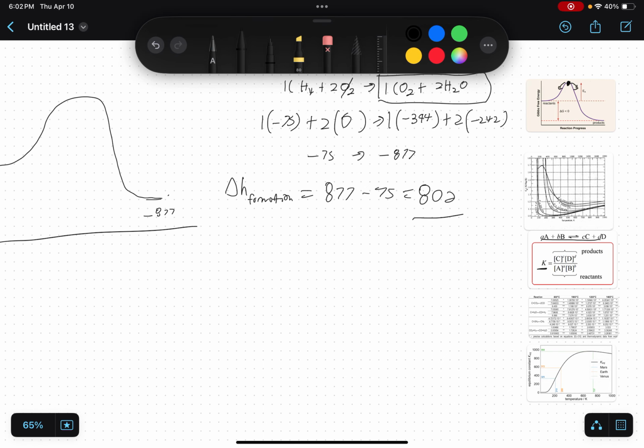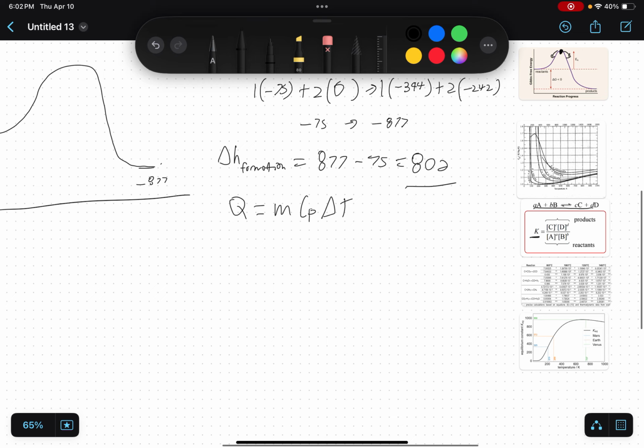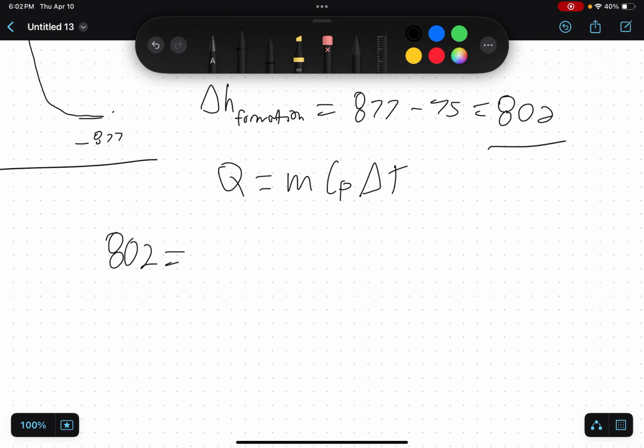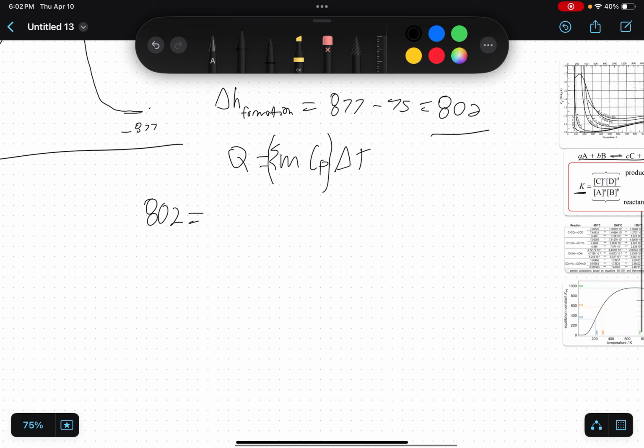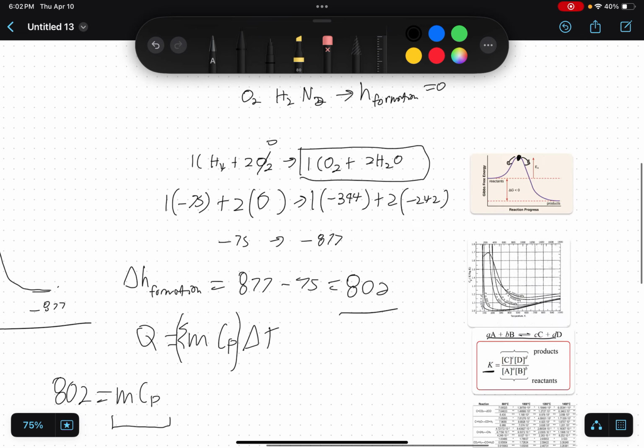Well, okay, what is heat? So we're going to assume heat, Q, is mCp delta T. Cool. So this 802 goes into, well, let's assume it's a sum of m times Cp times delta T. So it will be mCp of, what was the first one?